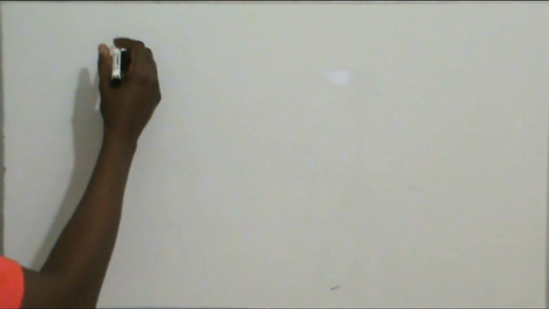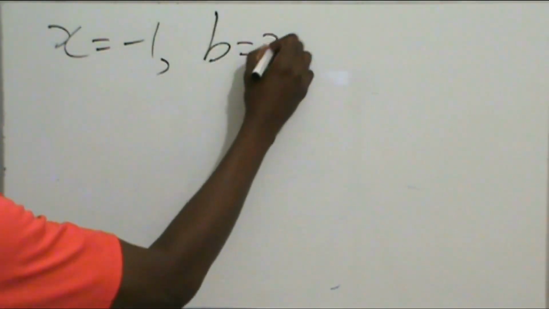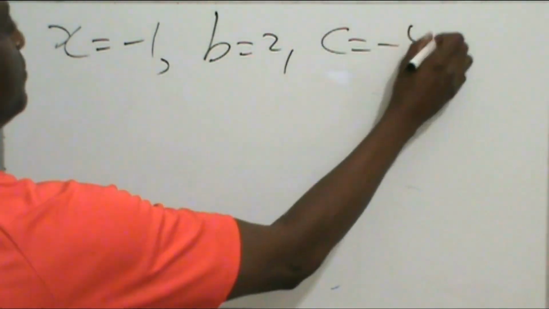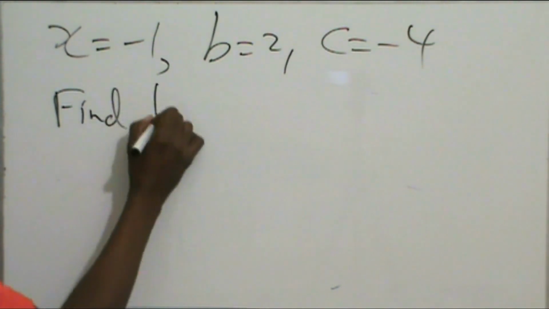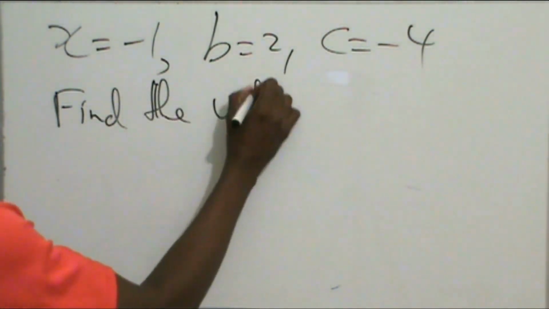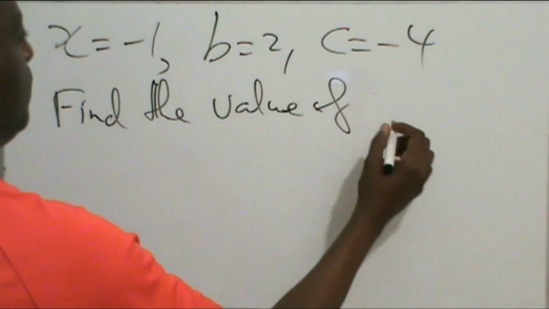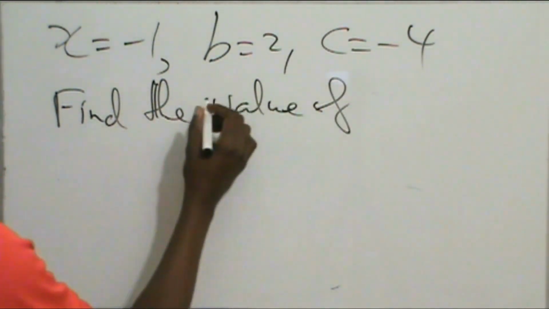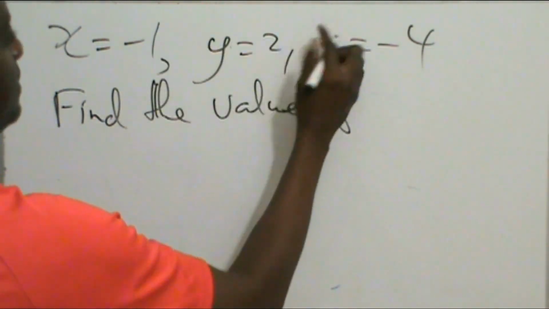Okay, another example. We're on the spot making up questions again. So let's go. Now let's say we get x equal to minus 1, b is equal to 2, c is equal to minus 4, and they say find the value of, let us say, that's x, let's change that b to y, and change that c to z.